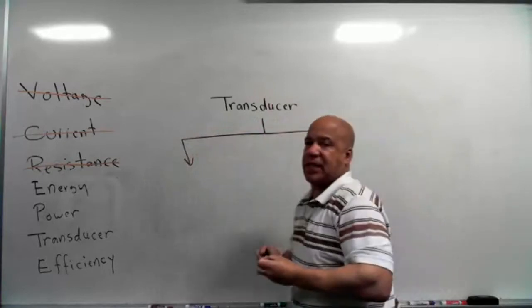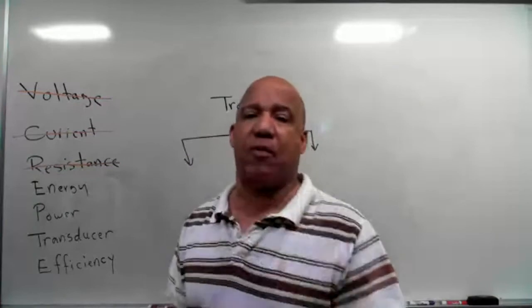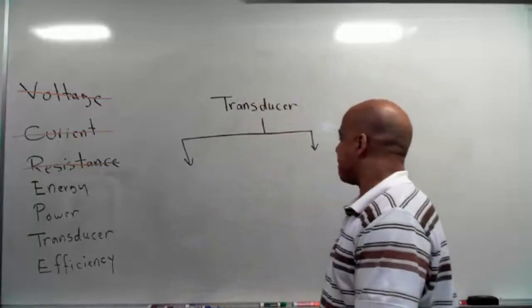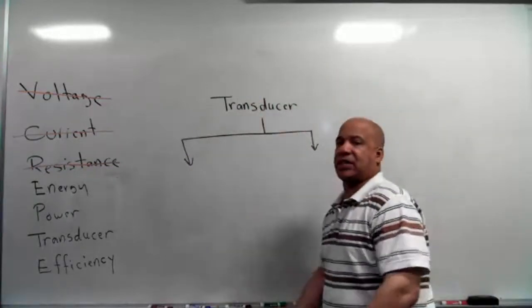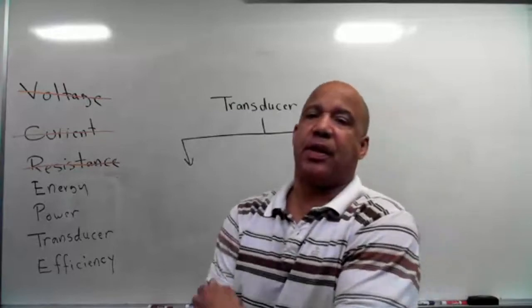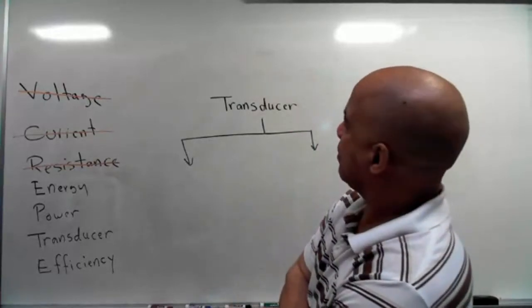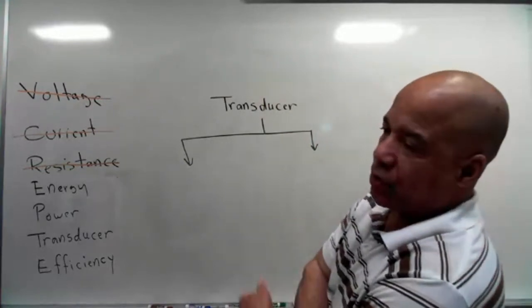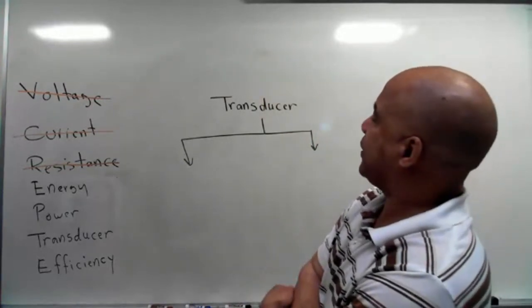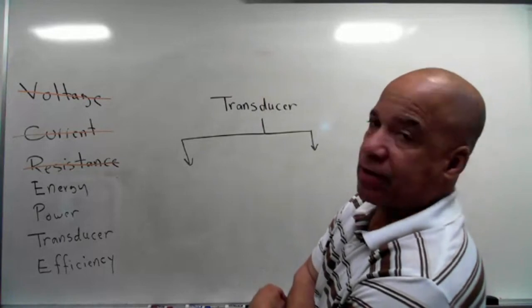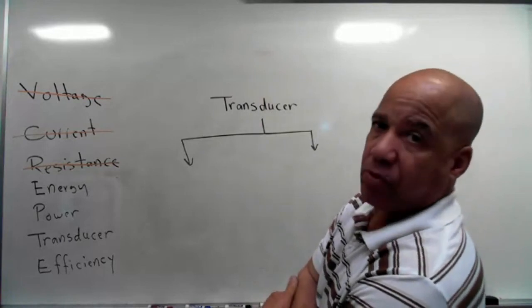The transducer is any device that converts energy from one form to another. A transducer is any device that converts energy from one form to another. So write that down.